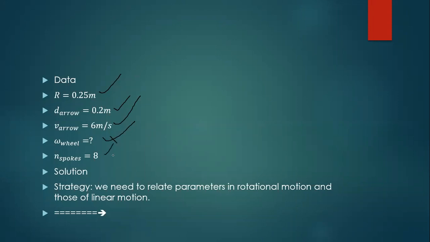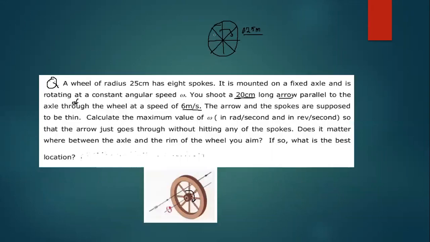One thing I would like you to be doing is thinking analytically and relationally. You have to be able to see, okay, I have my arrow, which is about 0.2 meters. As my arrow will be passing through this wheel, the whole lot of its length will need to pass through these spokes.